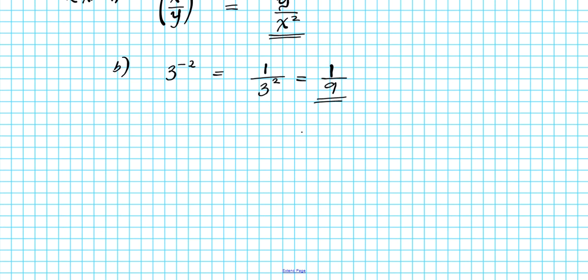Moving right along, property number 8. That is the nth root property. What the nth root property does in a lot of cases is it enables you to rewrite a root expression in a format that makes it possible to reduce.